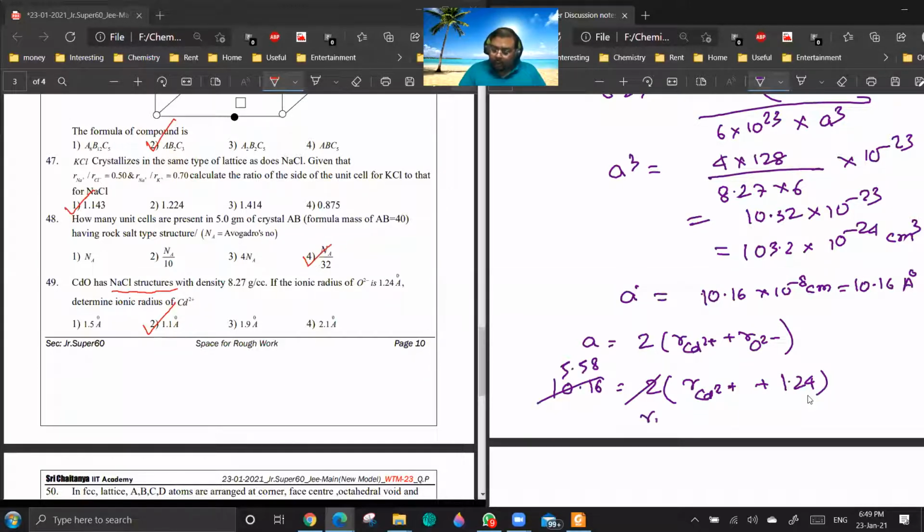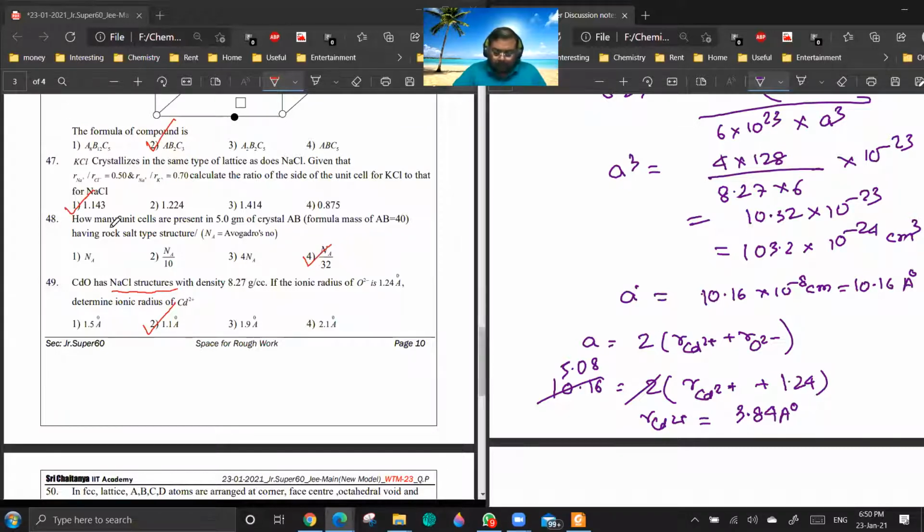So R of cadmium 2 plus will be 5.08. Yeah, 5.08. So it's like 5.08 minus 1.24. So it should come out to 3.84.